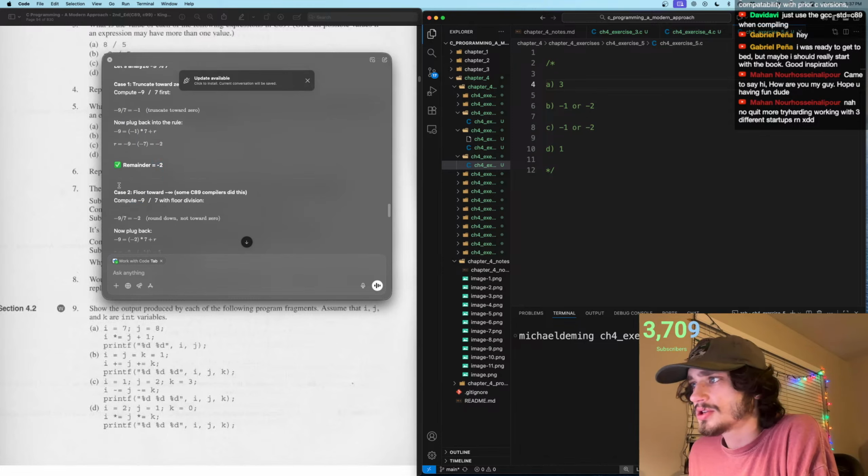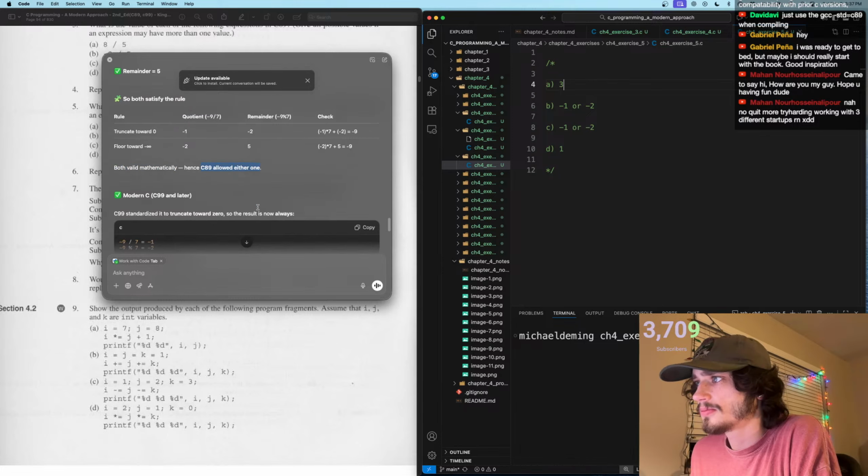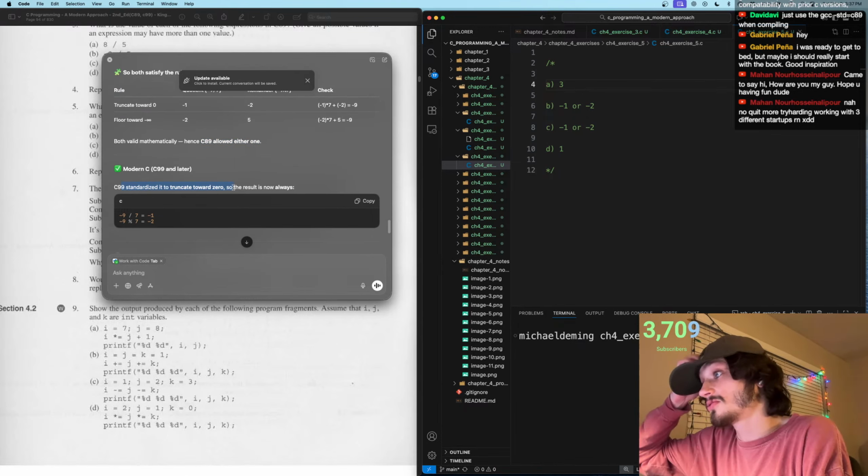So it strictly depends upon this rule that you plug things back into to satisfy the modulo requirement. Both are valid mathematically since C89 allowed either one. And C99 truncates towards 0, so the result is now always this.